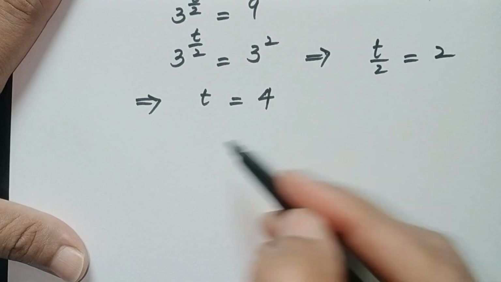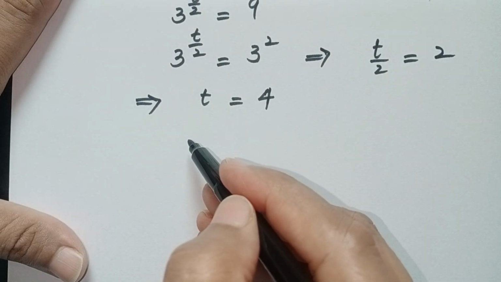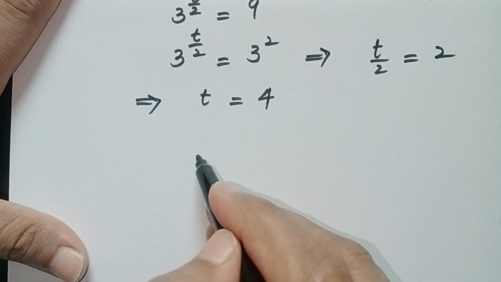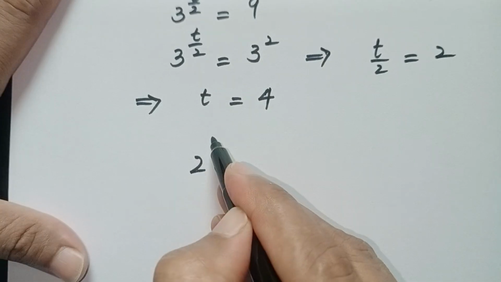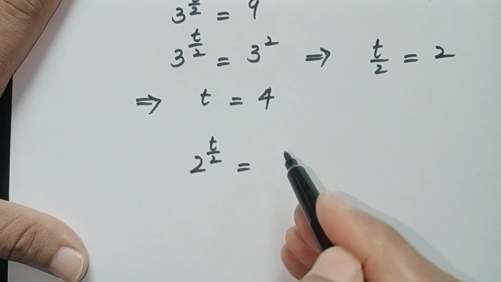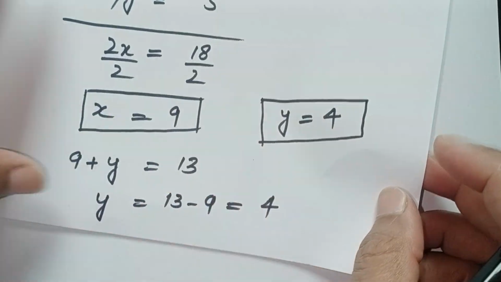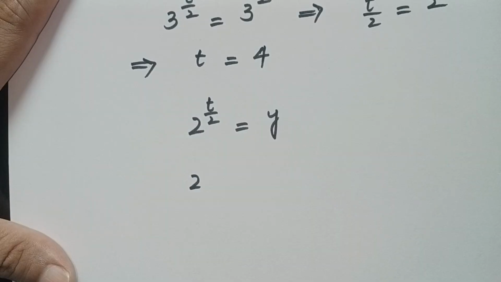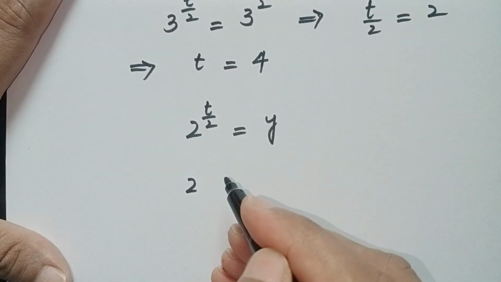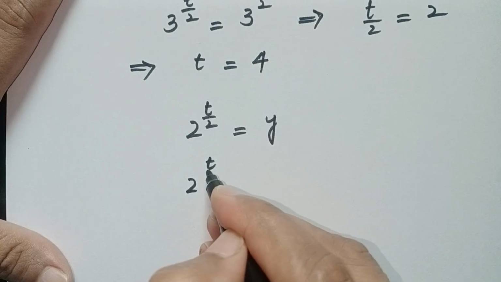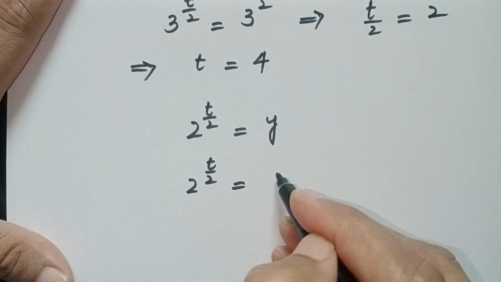So now we will use the value of y. The second substitution is 2 power t over 2 is equal to y. So the value of y here is 4, so we will use this value. So 2 power t over 2 is equal to 4.